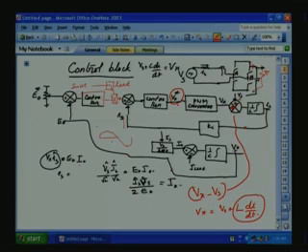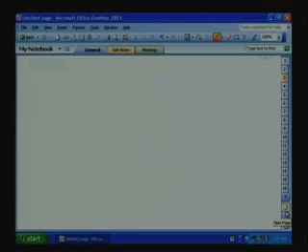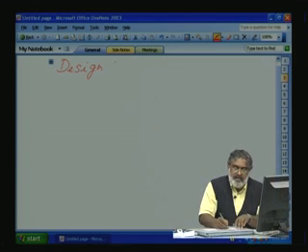These parameters we can use for controller design. So, let us go to the next page. Design.